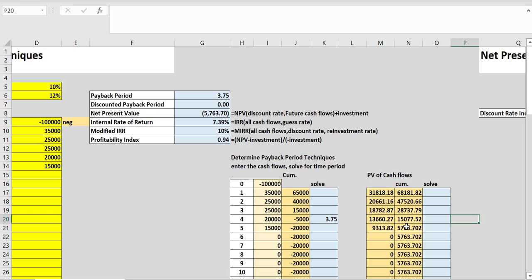So it's a strange situation. It doesn't happen in every project, but in this particular project, we can't calculate anything because it never goes negative. But if it would go negative, all we would have to do is the same process as over here. So again, hopefully that helps you understand how to calculate the techniques.